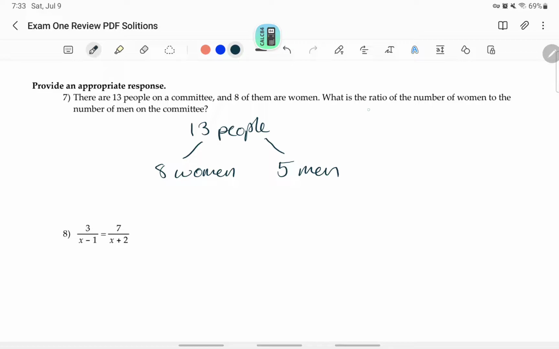So it says, what is the ratio of the number of women to the number of men on the committee? Well, to write the ratio, that's going to be 8 women to 5 men.